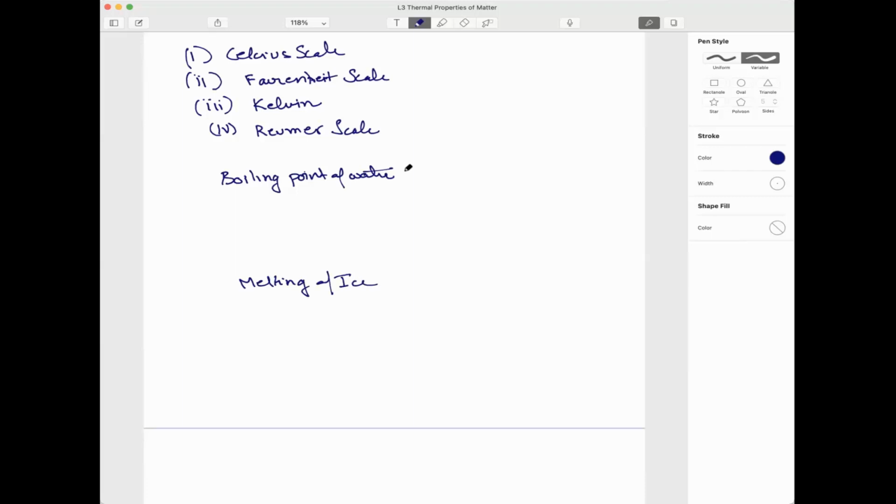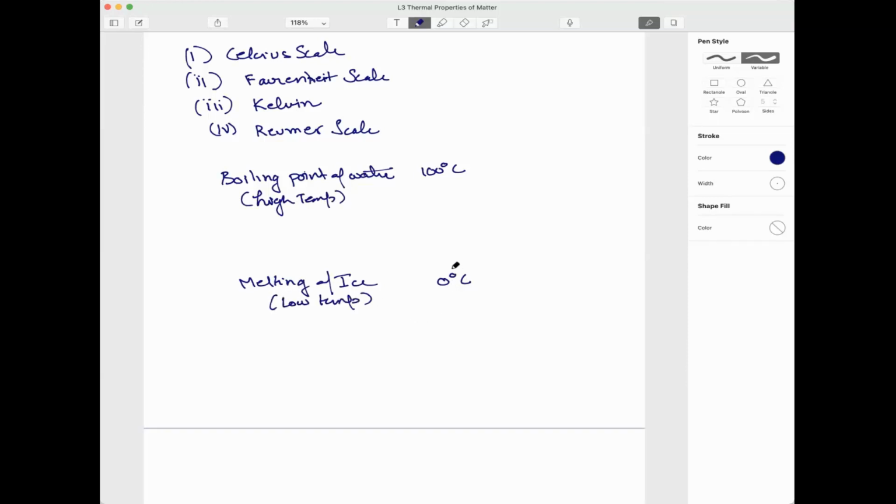In degree centigrade, the boiling point of water is 100 degrees centigrade, and the melting point of ice is 0 degrees centigrade. We can call these the high temperature and the low temperature.